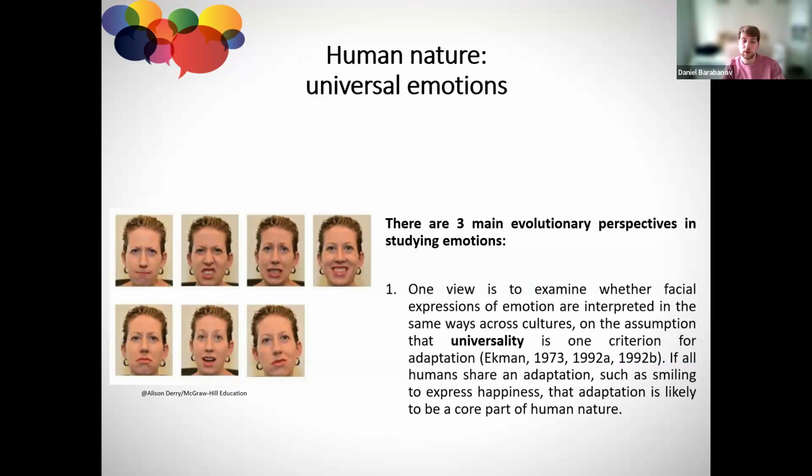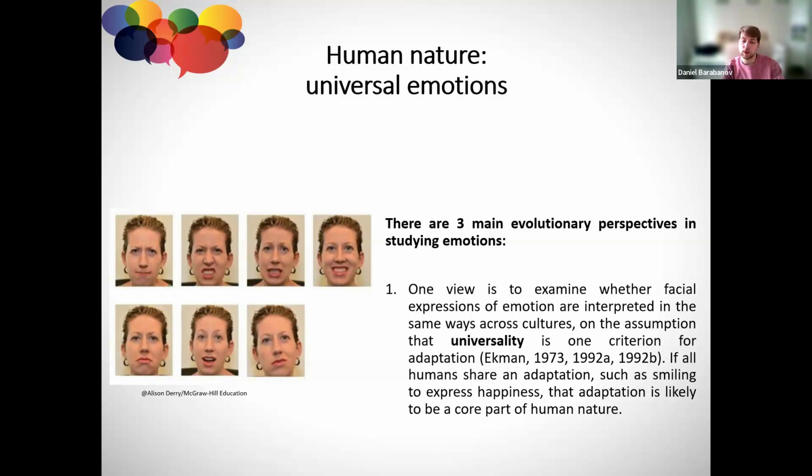So Ekman collected a tremendous amount of photos and videos of people experiencing emotions all over the world, trying to find typical patterns.